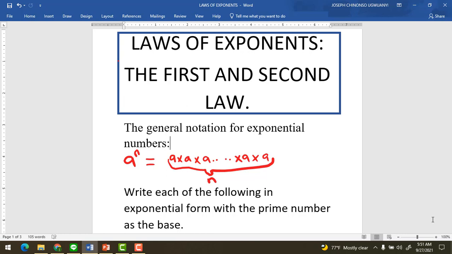That is the meaning of a exponent n. This n is a particular number, and so we continue to multiply a until we reach that n.